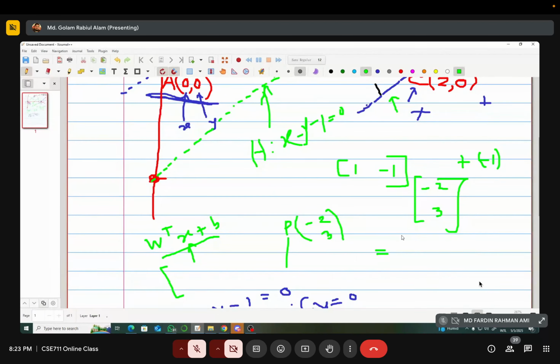So now if we want to compute the value: here is 1, here is -2, that is -2, plus this is -1 and here is 3. So it is also -3, plus -1.